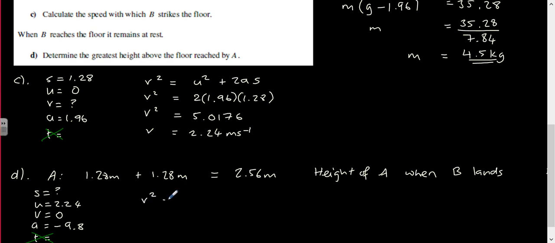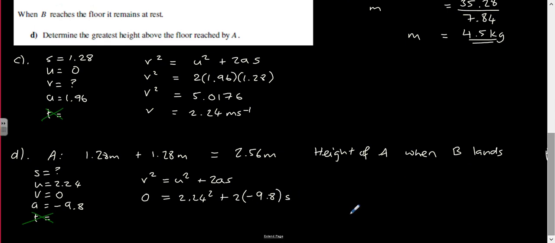So again, we'll use V squared equals U squared plus 2AS. This time, V is 0, U is 2.24. And then 2AS, we've got plus 2 times minus 9.8 multiplied by S. We'll work out the numbers that we can. 2.24 squared, as we've seen, is 5.0176. 2 times minus 9.8 is minus 19.6.